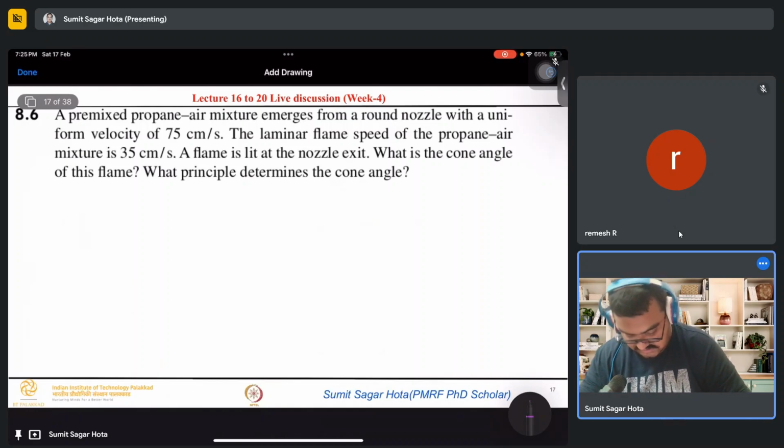So let's quickly go to one very simple problem. I think you can expect this kind of question in your exam. It's a very simple problem.